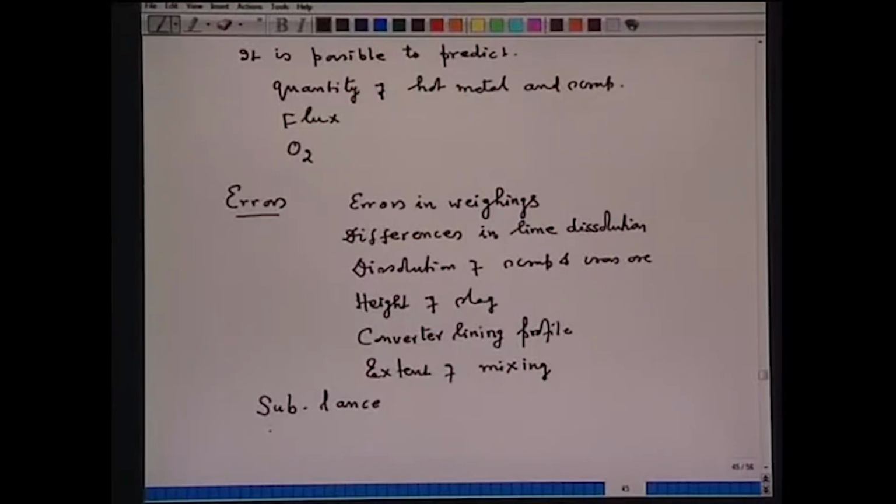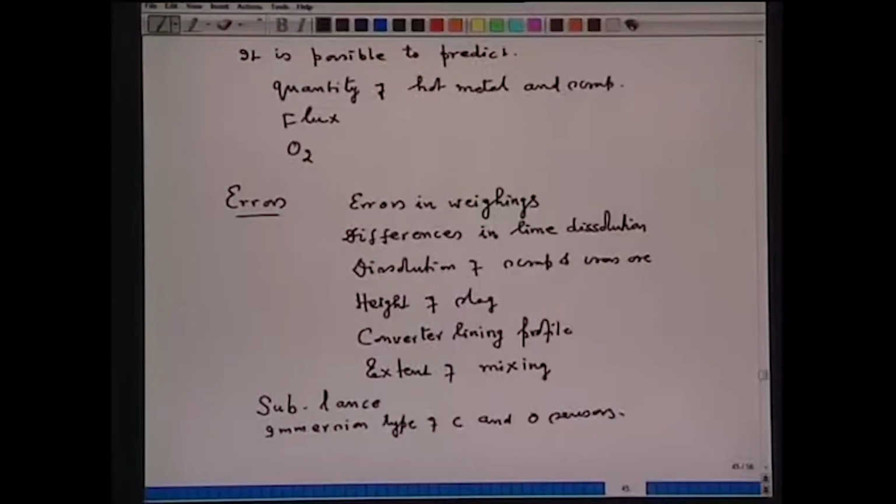Then one can also have the immersion type of carbon and oxygen sensors. The data which are collected by the sub-lance are fed into the computer, which compares with the model prediction and suggests the corrective measures.